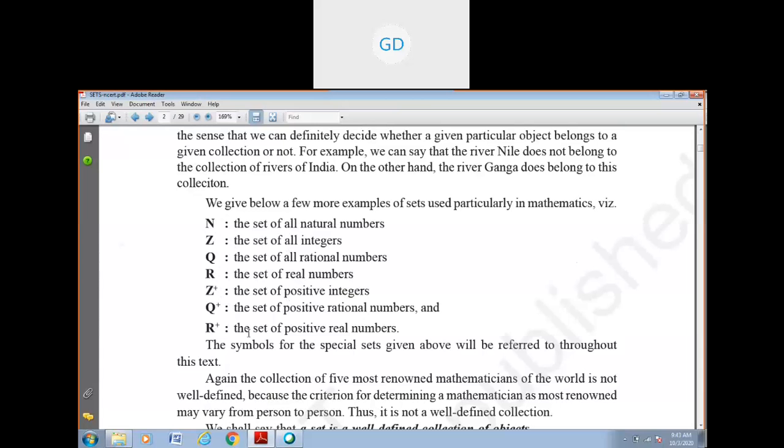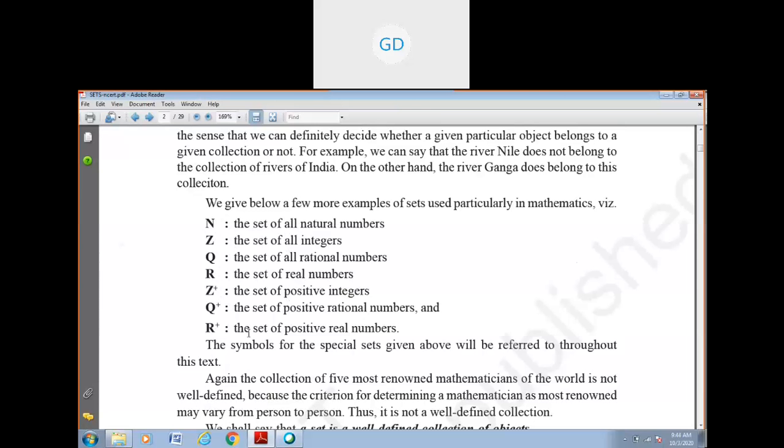In set theory, these alphabets always represent these sets specifically. N always indicates the set of natural numbers. Similarly, Z always indicates integers. Sometimes in some books, some authors use capital I for integers.